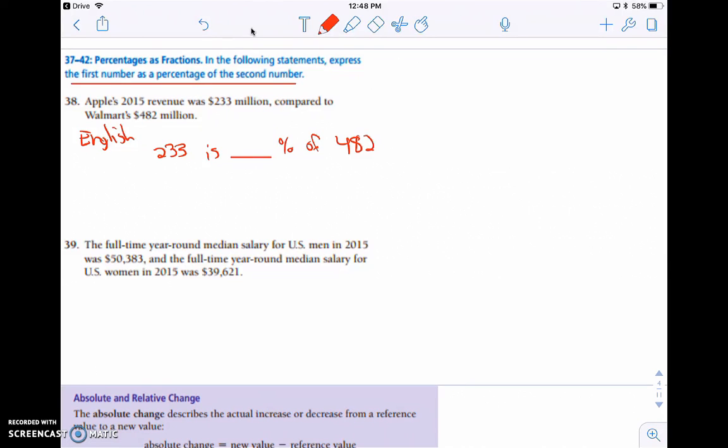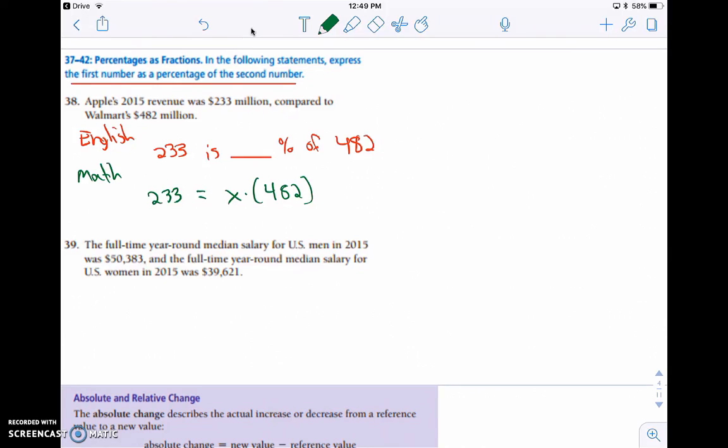Now if I change this over to a math equation, when you see the word is, that's usually representing equality. Is blank percent, so that's an unknown, X percent of 482. When you see of, that's a product or multiplication.